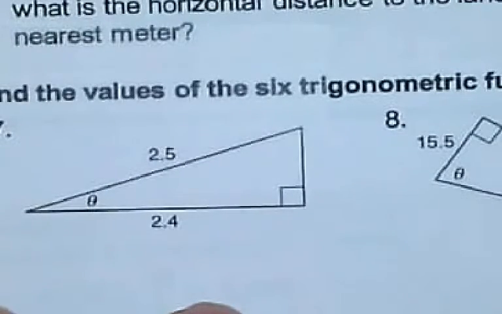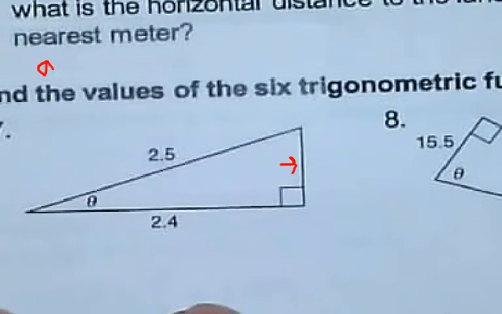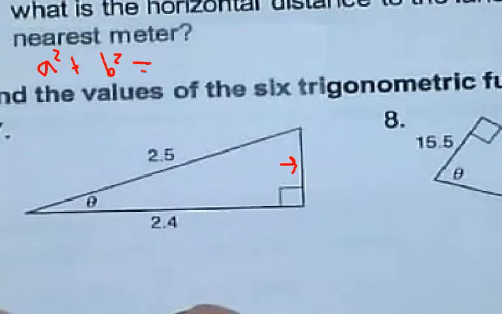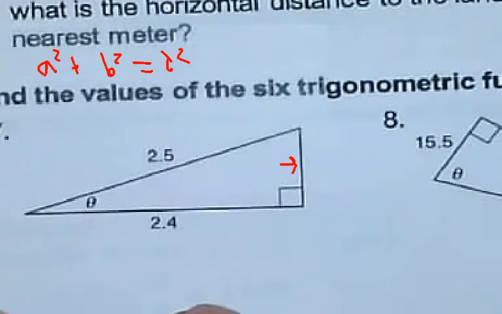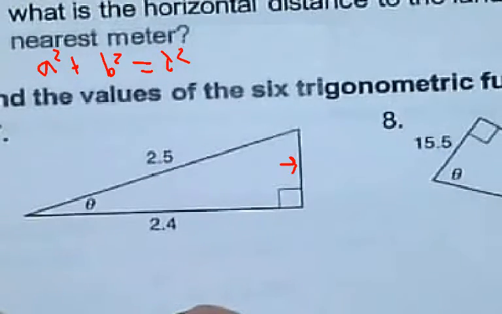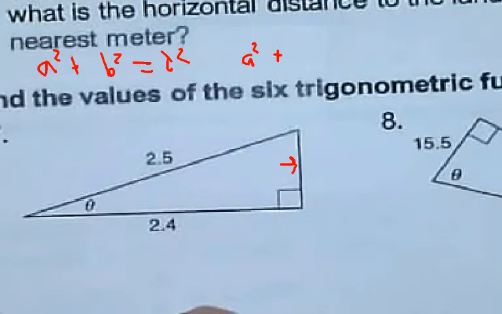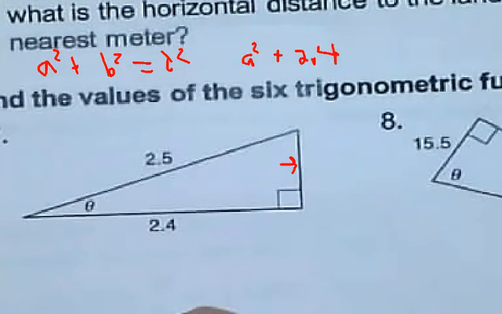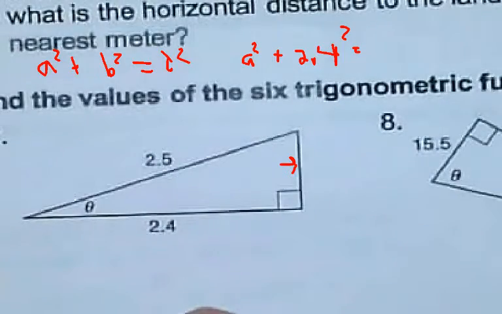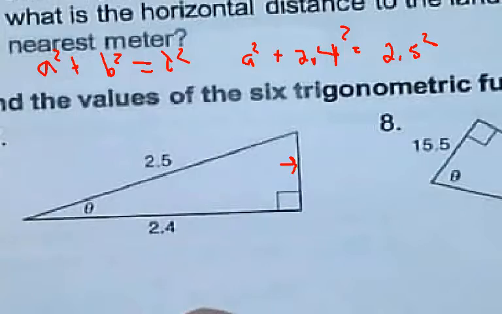But we know the Pythagorean Theorem: a squared plus b squared equals c squared. The hypotenuse is c, and one of the legs is 2.4. So we're going to say a squared plus 2.4 squared equals 2.5 squared. That's the way we do it.